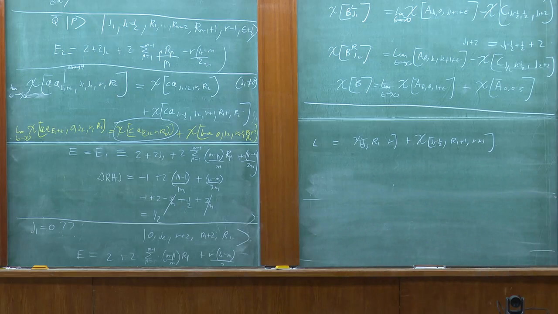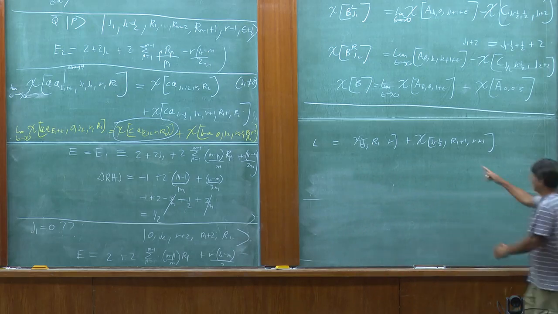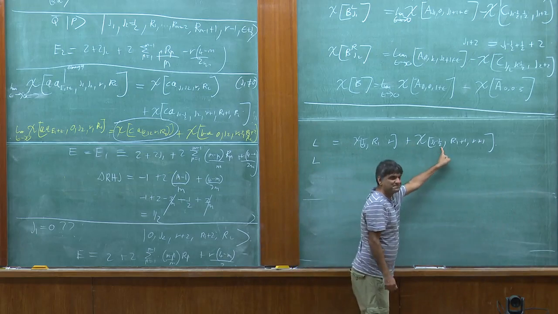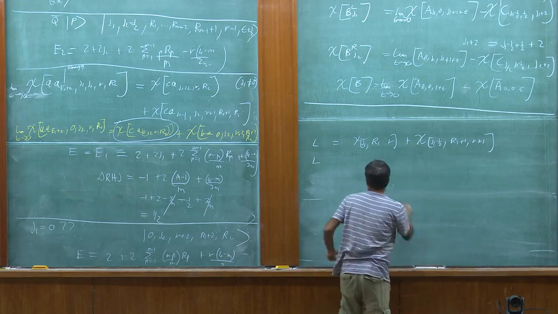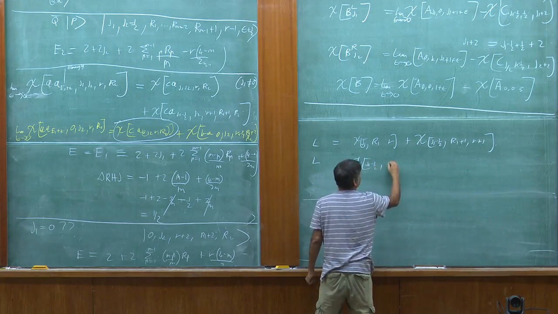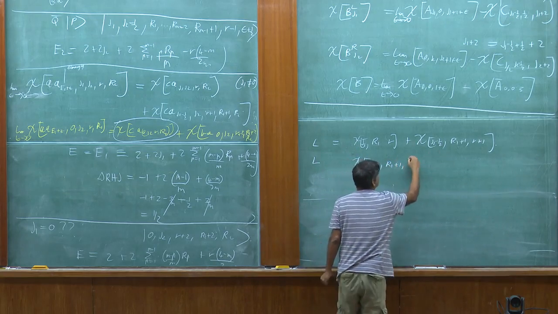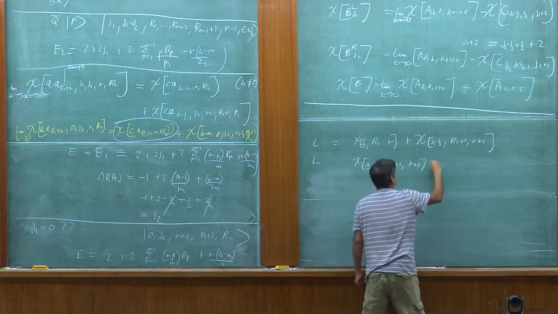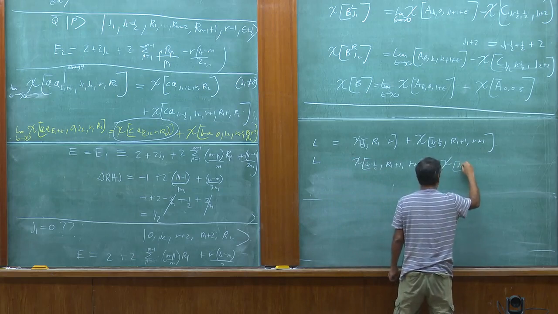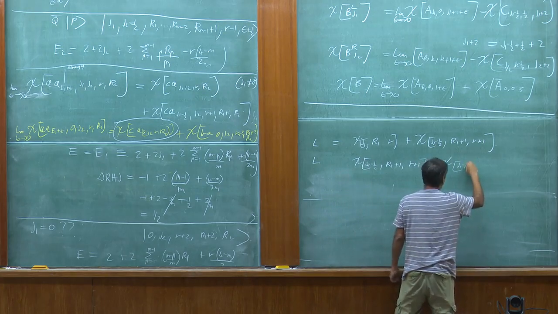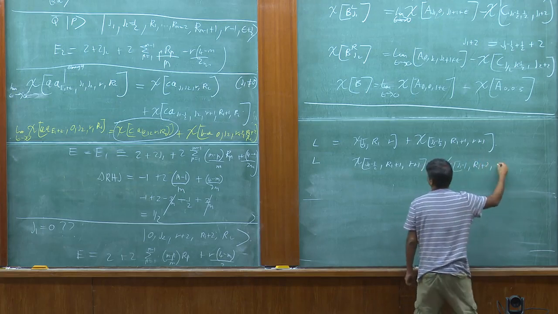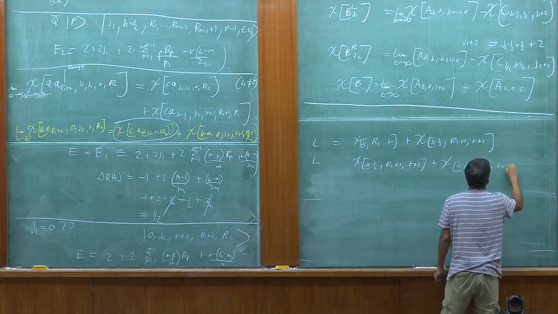But you see, then you can do another long. The long with these quantum numbers. And that will give you chi of J1 minus half, R1 plus 1, R plus 1, plus chi of J1 minus 1, R1 plus 2 and R plus 2.